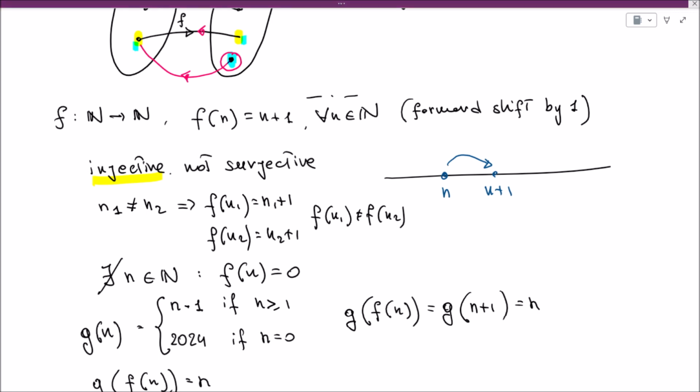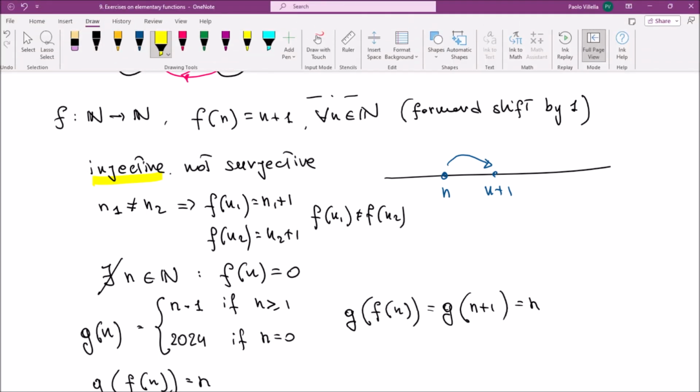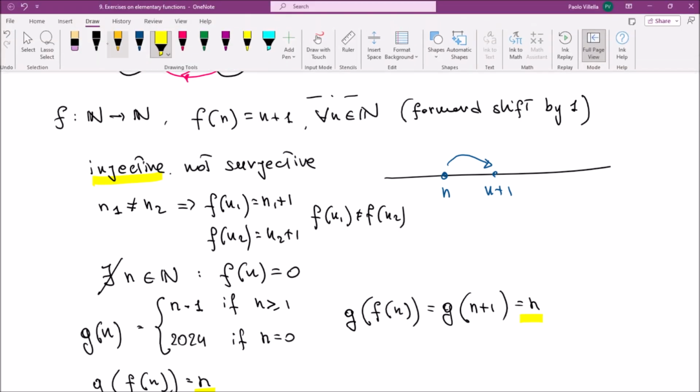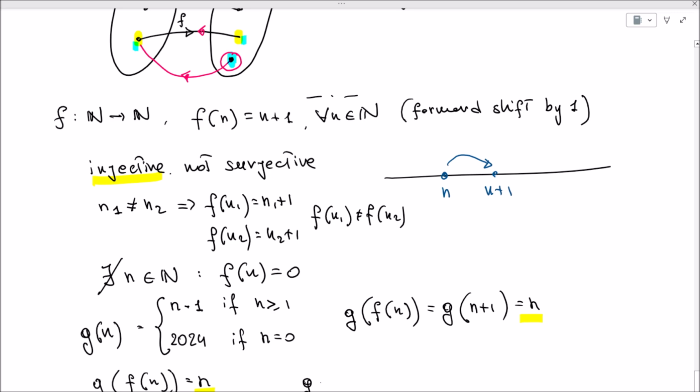So this simply proves that such a function is easily determined. Okay, and also we can see that if we do g composed f, which again is a function from N to N, this function is bijective, and this is easy to prove by just looking back at the proof that we have done before.